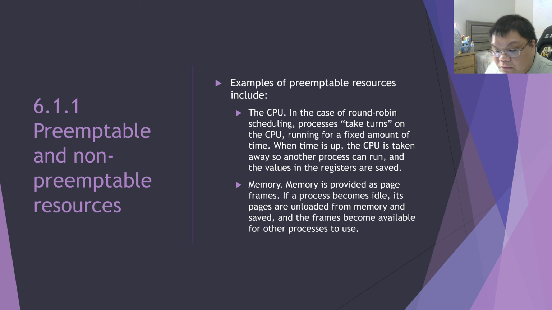So, what we can do is preempt those page frames. We take the pages loaded in those frames, put them back on the backing store, and now we have page frames available to be used by other processes.